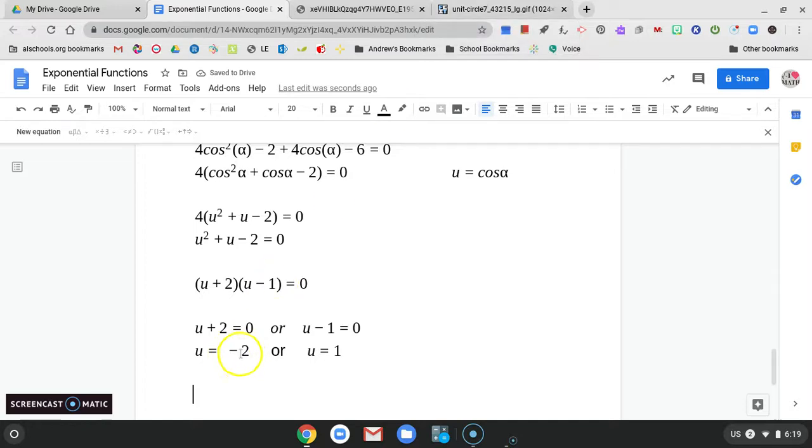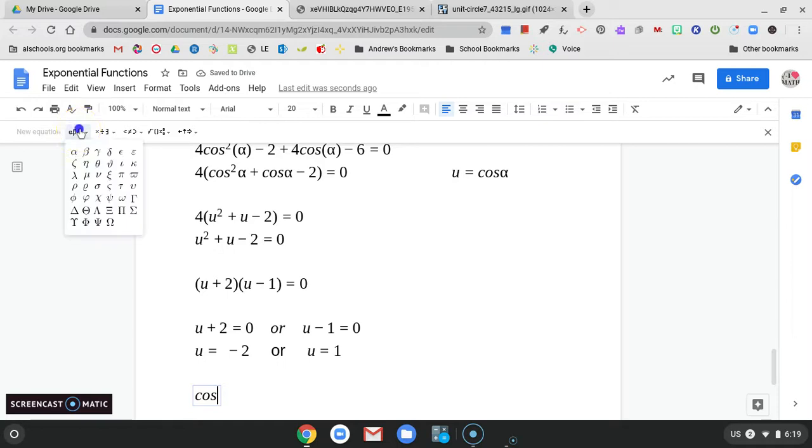Again, we're looking for either u is negative 2 or u is 1. And maybe before I go back to the unit circle, let me replace u. I'm going to use this equality that I established earlier to say that the cosine of alpha either equals negative 2 or equals 1.